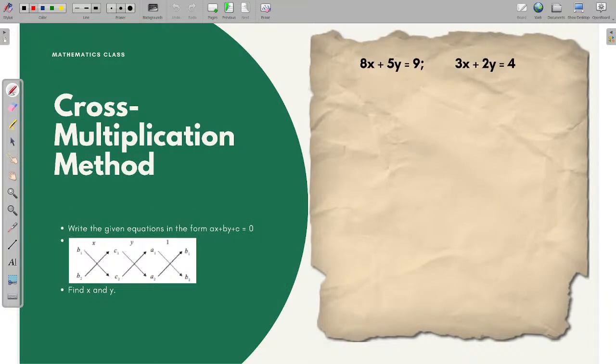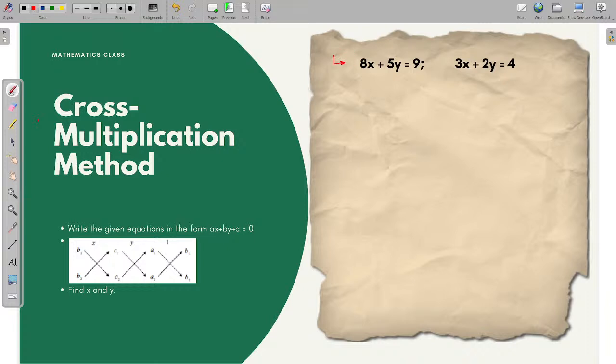Then let's talk about the third method, the cross multiplication method. It is a bit different and you have to remember a formula for it. Otherwise all the other methods are basic. You don't have to remember any formula, you just have to look at the equations and you will solve it. Clear? So let's start. I'll explain it on the way, like how to solve with cross multiplication.